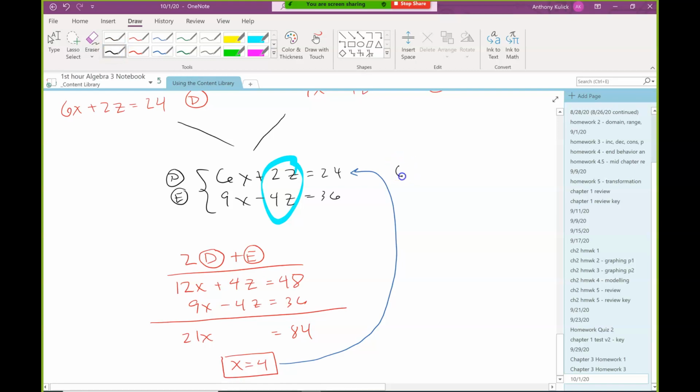So it'll make the arithmetic a little bit less tedious. So 6 times 4 is 24. If I subtract 24 from both sides, I get 0. If I divide both sides by 2, I get z equals 0.